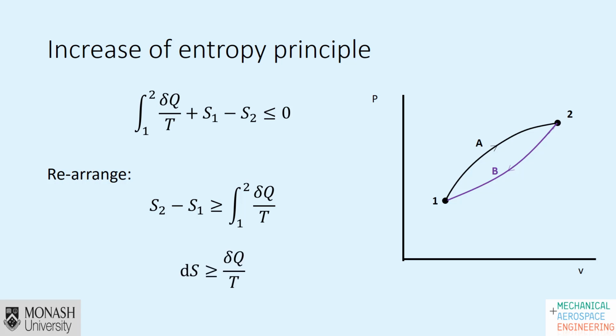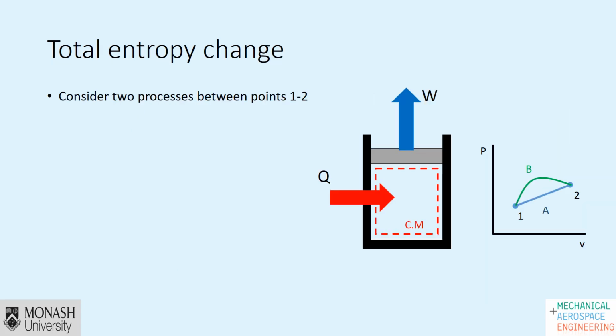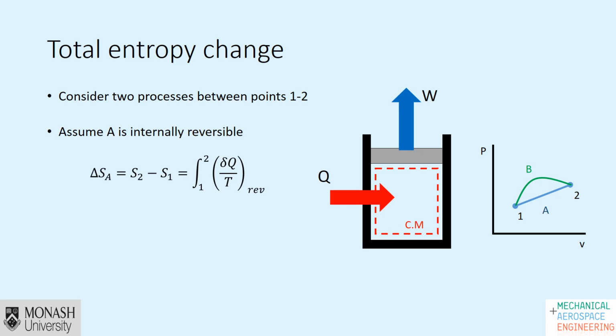So the change in the entropy will always be greater than or equal to the heat transfer divided by the temperature. What does that mean? Well, let's consider two processes between points 1 and 2 here. We're going to assume that A is internally reversible, and that means that the change in entropy for path A will simply be equal to the integral of the heat transfer divided by the temperature.